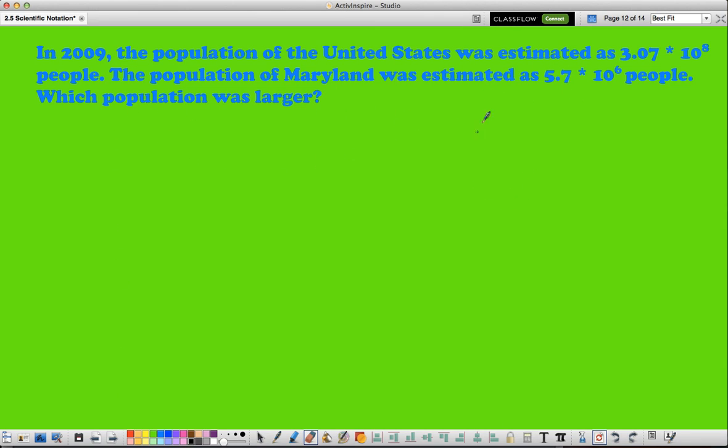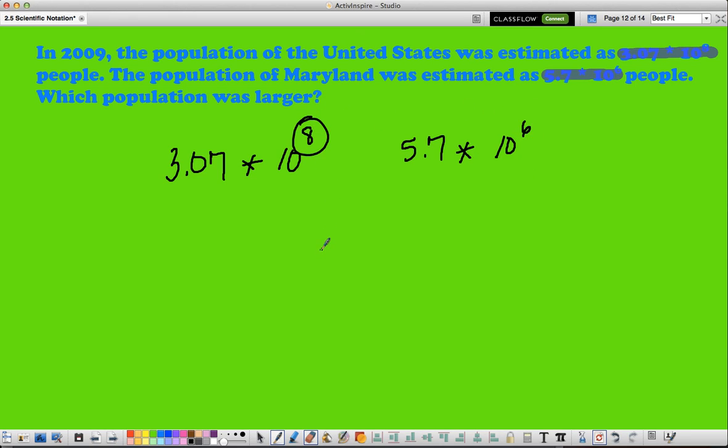Now we're looking at the population of the United States and Maryland. We have 3 and 7/100 times 10 to the 8th, and we're comparing that to 5 and 7/10 times 10 to the 6th. Since this is the larger power of 10, we know that 3 and 7/100 times 10 to the 8th has to be greater than 5 and 7/10 times 10 to the 6th.